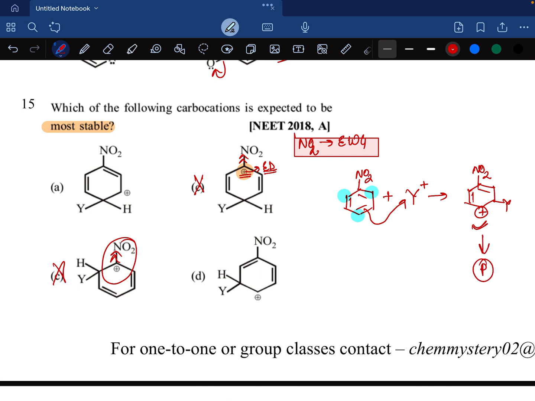So out of the other two, the carbocation will be more stable in this case. What is the factor? Resonance, that is the canonical structure of nitrobenzene. If you do the electrophilic substitution reaction, we get this carbocation. So this is the stabilizing factor of the carbocation. My answer will be D. Done. Not this one.